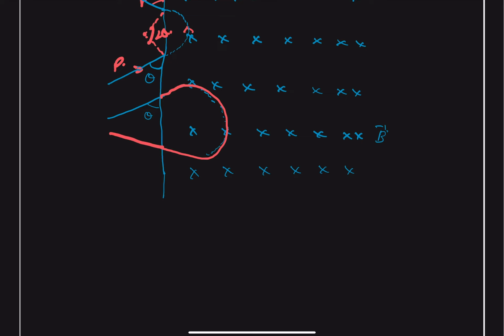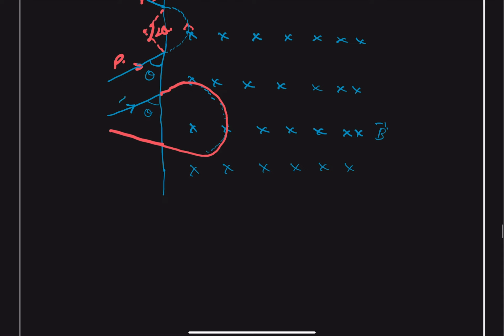So we have the electron entering in this direction and leaving in this direction, and here we have angle theta. So if the center is joined, we get this is an angle of 2 theta.